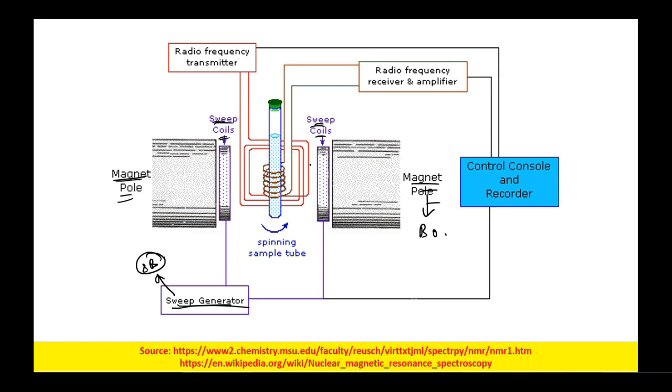Then you have a radio frequency transmitter. You have this tube sample holder, which is spun continuously so that you get average readings. This red one transmits the pulses, and close to the sample you have the radio frequency receiver and amplifier, and then a control console and recorder which records the system.